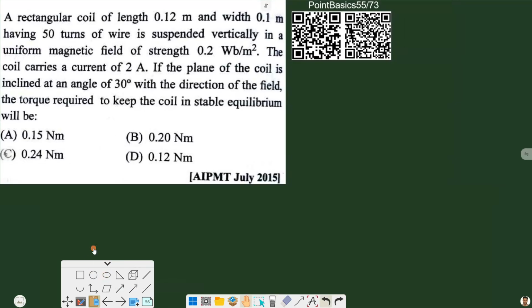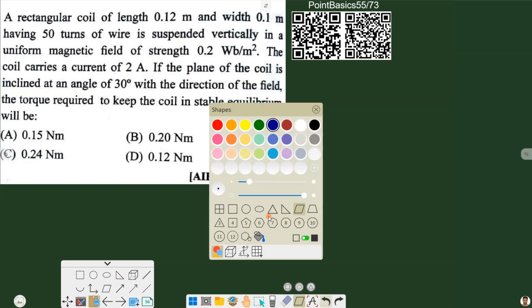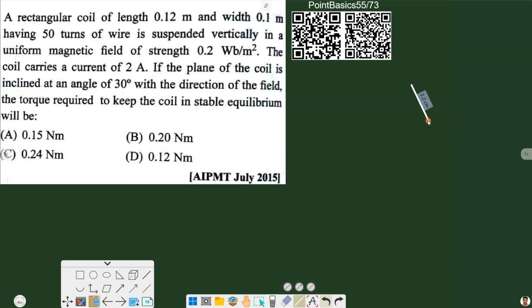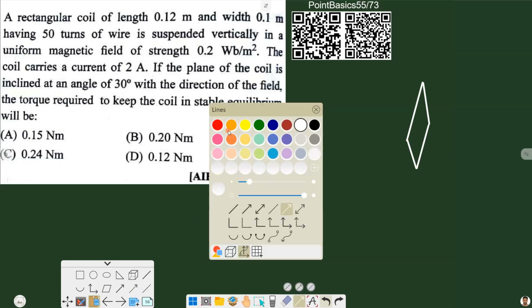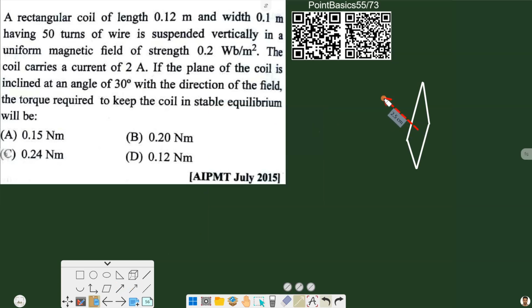We have a rectangular coil. Suppose this is our rectangular coil, and the direction of its magnetic dipole moment is perpendicular to the plane, so it is like something.